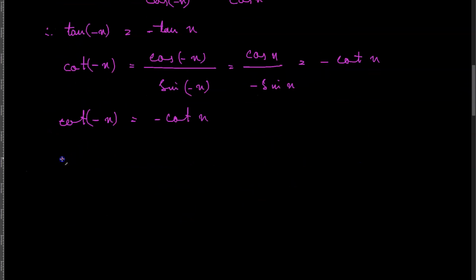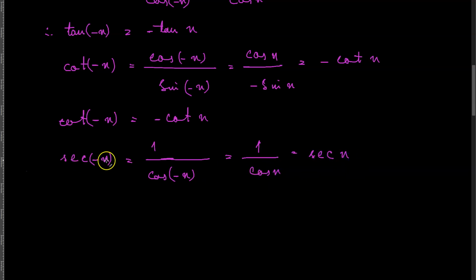Now we have secant x. Secant of negative x is equal to 1 over cos of negative x, right? And that is equal to 1 over cos x, which is equal to secant x. That means that secant of negative x is equal to secant x.